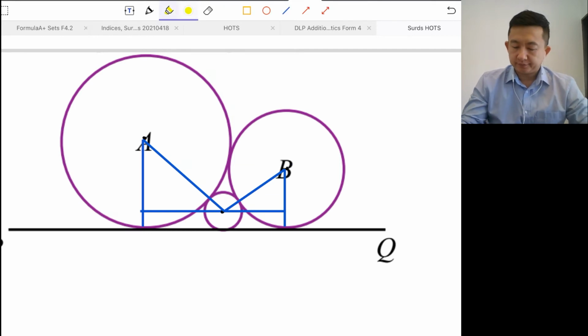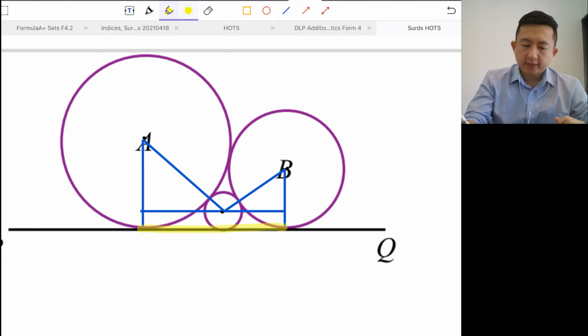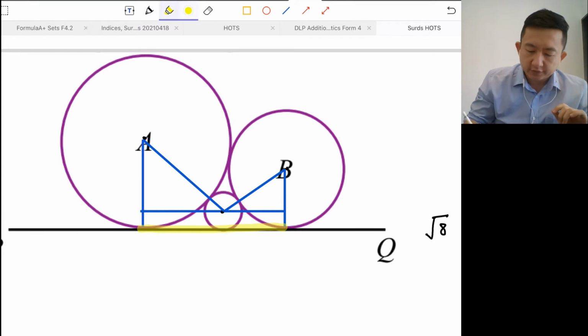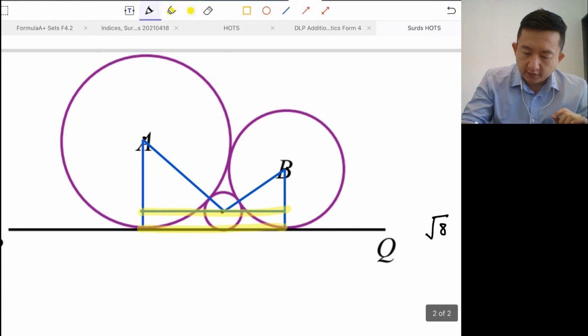Alright. Now this one. This is how many? Just now we figured out, this is square root 8. So same thing here as well. This will be square root 8 as well.